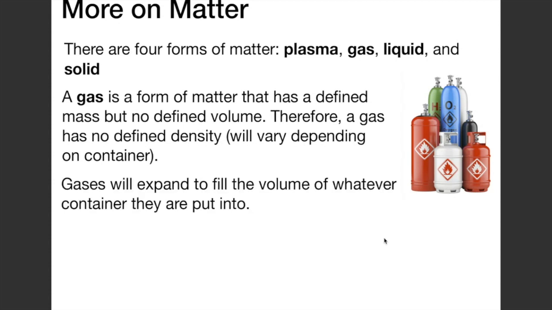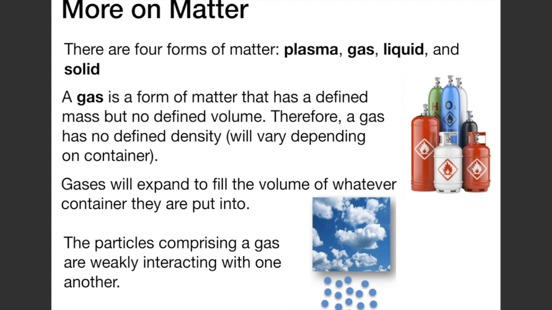The reason for this is because gases will expand to fill the volume of whatever container they happen to be in. So, for example, the gas that's contained in that blue O2 container will have a density that's related to the size of that container because the gas particles are filling the whole container evenly.